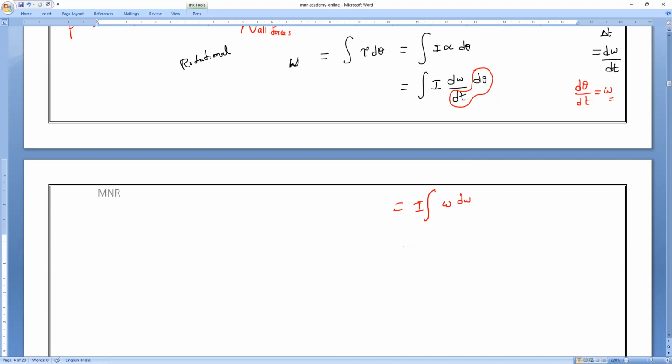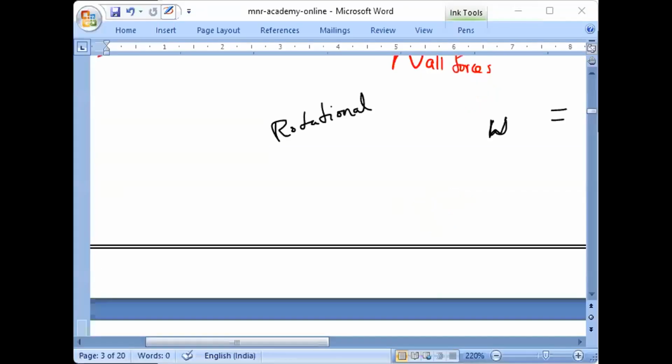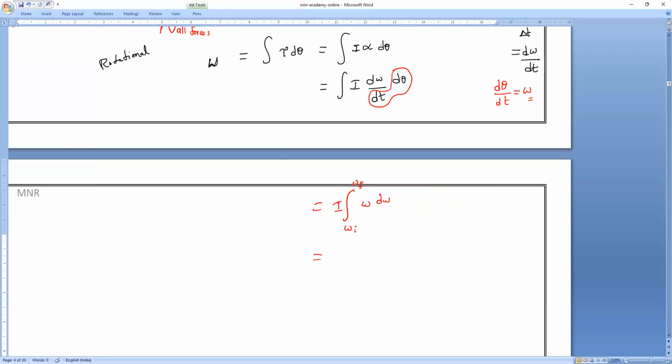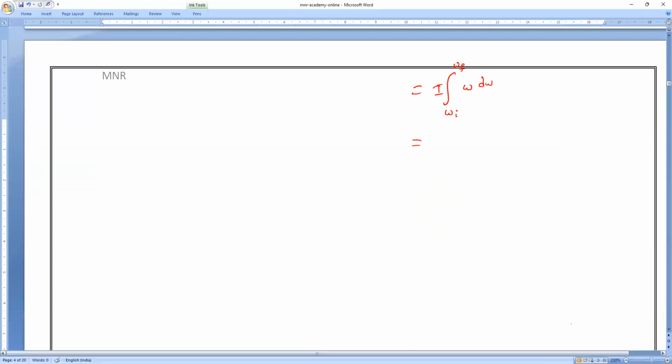So integration of dω, where the angular velocity varies from the initial velocity to the final velocity. Those are the limits. Oh, sorry. One minute. Can you see the screen, everyone? Yes, sir.